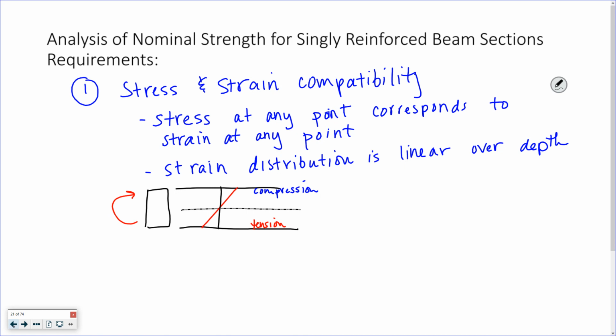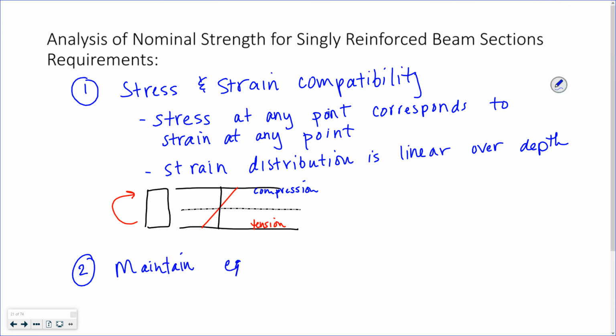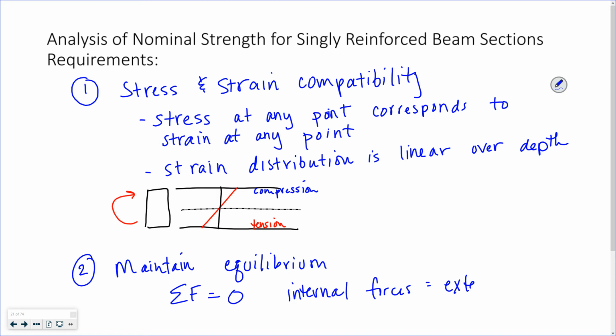So we're going to maintain our stress and strain compatibility, and we're also going to maintain equilibrium: sum of the forces equals 0. And our internal forces equal our external forces.